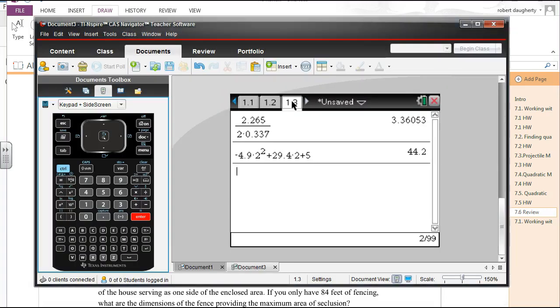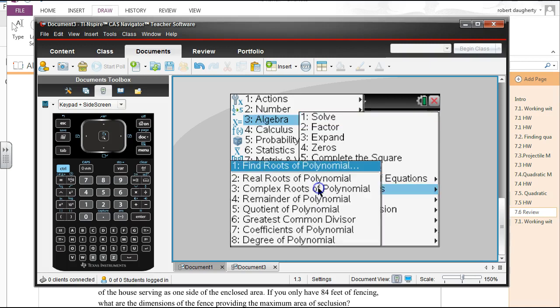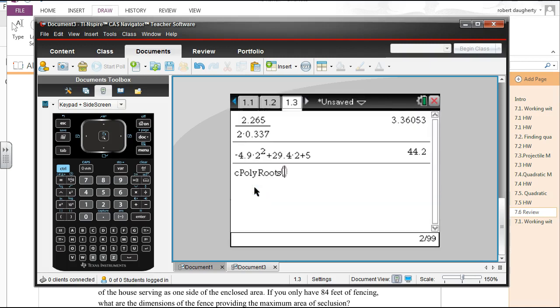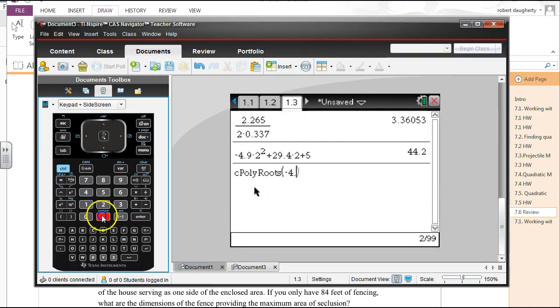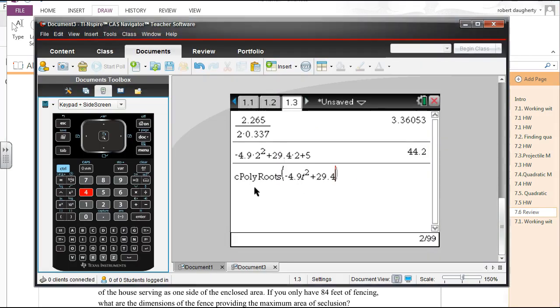I'll go to menu, algebra, polynomial, complex roots, negative 4.9 t squared plus 29.4 t plus 5, comma t.